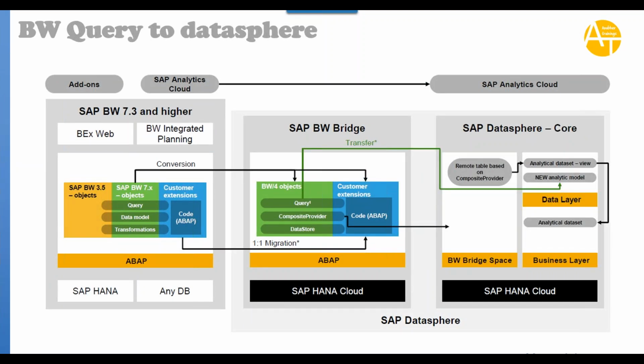Okay, let's take a deeper look. We see on the right-hand side what kind of artifacts are created in the model conversion. So you see in DataSphere what will get created from BW Bridge into DataSphere. Based on a composite provider, SAP creates a remote table in the BW Bridge space on your DataSphere tenant.